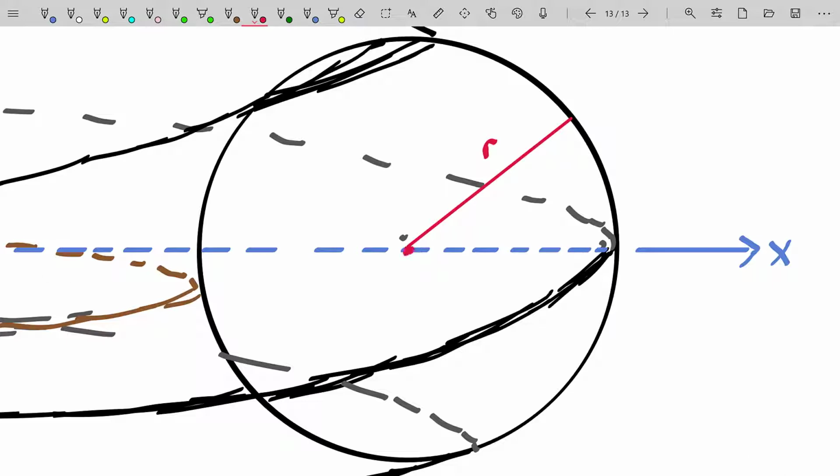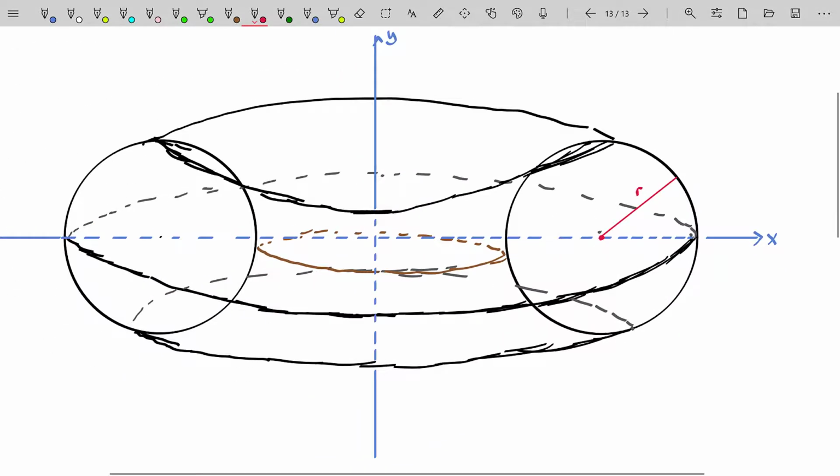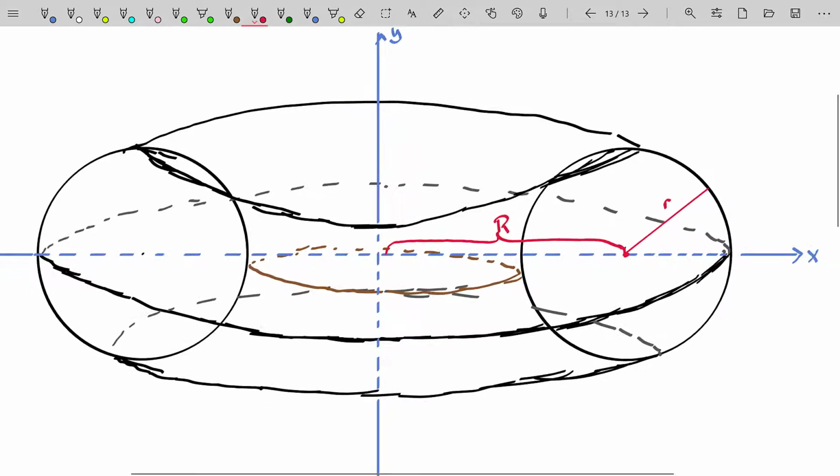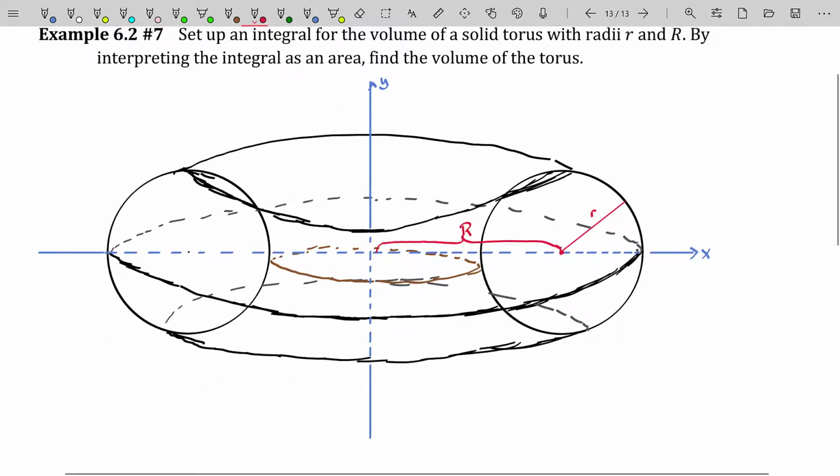And that radius is obviously from the center of the circle. And then we have a big circle of rotation about the y-axis. That big circle of rotation will have radius capital R. And there we go. So that's what I mean by radii little r and big R.